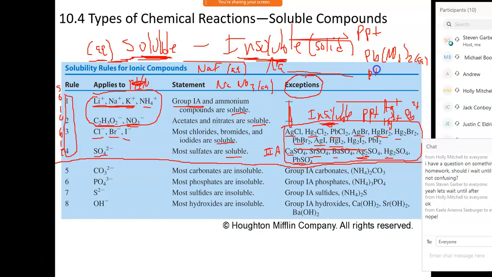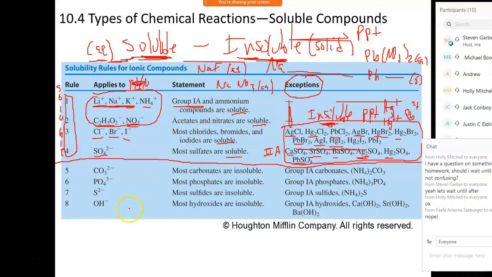Other than that, lead anything else is going to be a solid. So you can see lead chloride, lead bromide, lead iodide, lead sulfate, even lead carbonate, lead phosphate, lead sulfide, lead whatever is insoluble. Only two exceptions exist. Does that make sense?